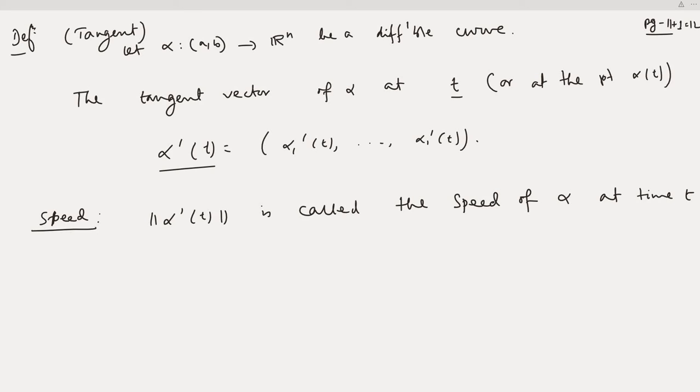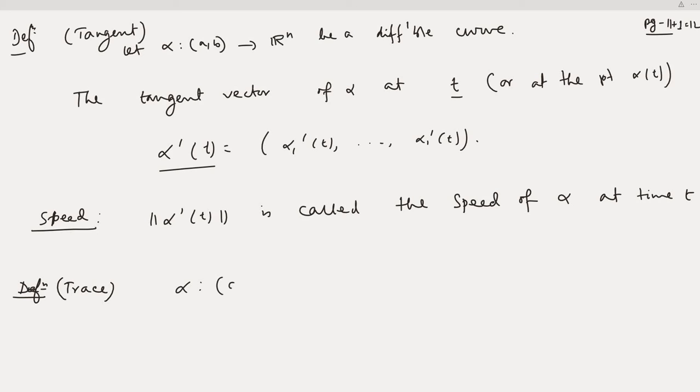Now we consider an example. Okay, let me give one more definition first, then I'll give the example. Definition of trace. Trace of alpha is basically the image of alpha.